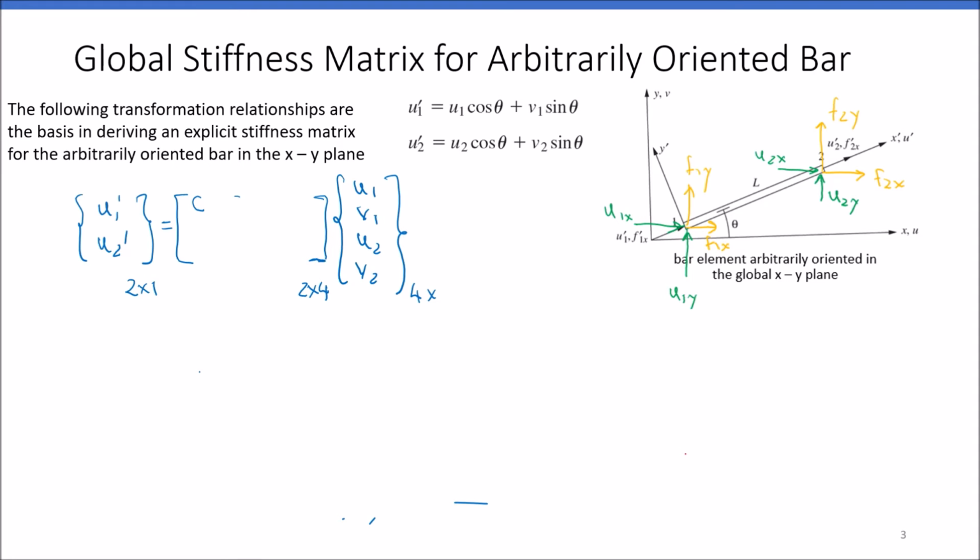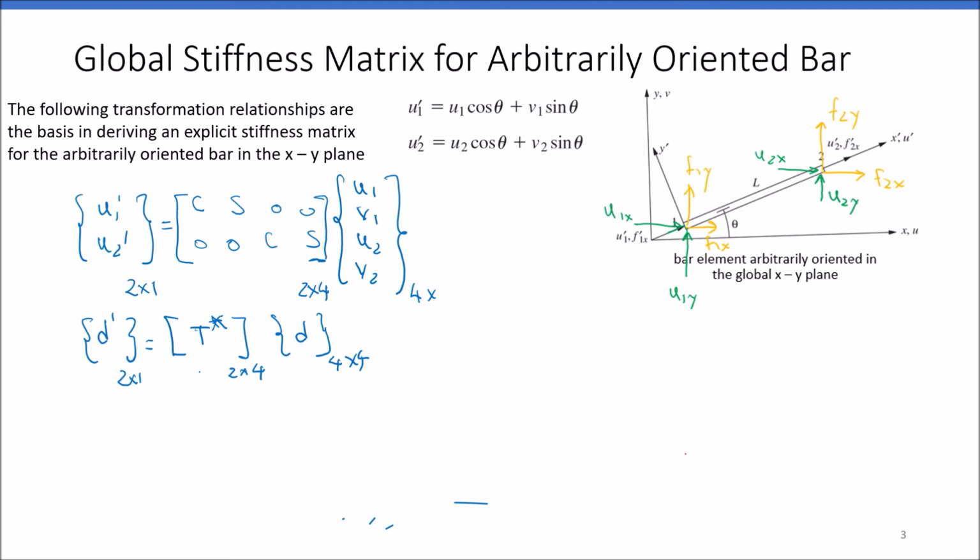And looking here at the elements for this transformation matrix, I have here a cosine theta, I have here a sine theta times v1, then I have a 0 and a 0, and for u2 prime I have a 0 and a 0, then I have a cosine and a sine, and this may be expressed as D prime equals this T star transformation matrix multiplied by D, where again this D prime is a 2 by 1, this is a 2 by 4, and D is a 4 by 1.